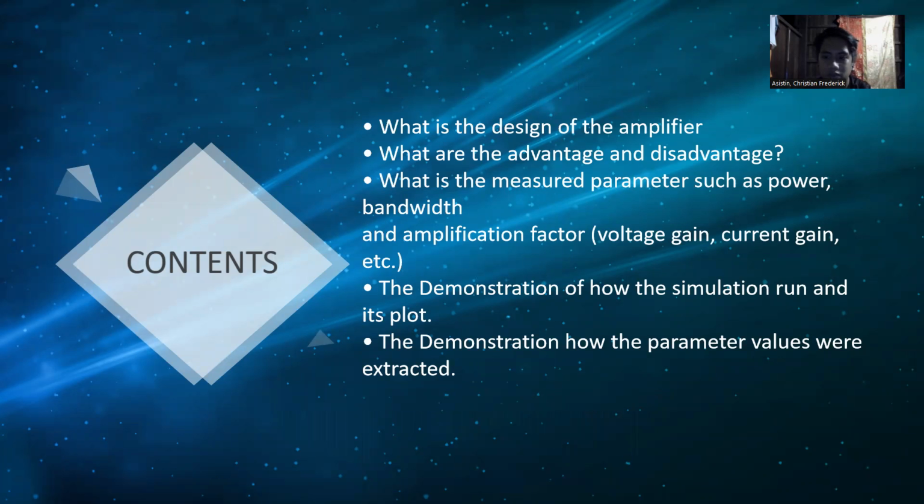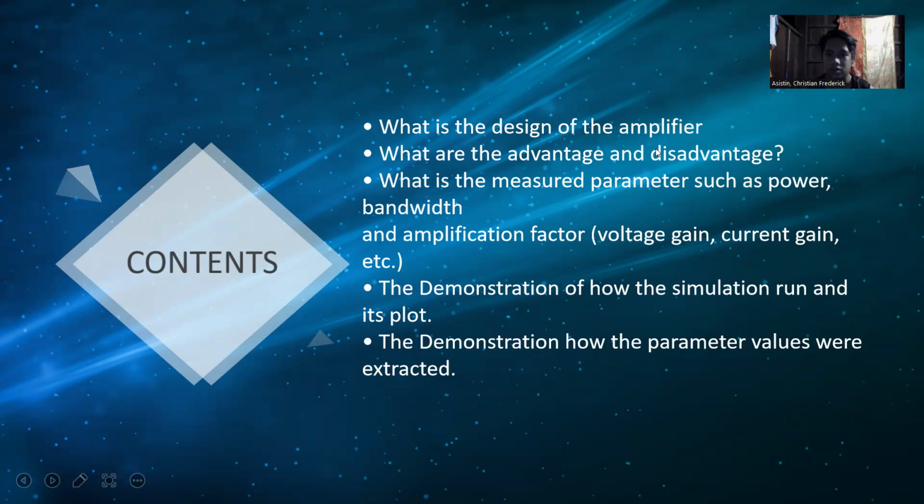In this presentation, you will know what the design of my amplifier is, what the advantages and disadvantages of my circuit are, and what the measured parameters are, such as power, bandwidth, and application factors such as voltage gain, current gain, and etc. You'll eventually solve for those in the later part.